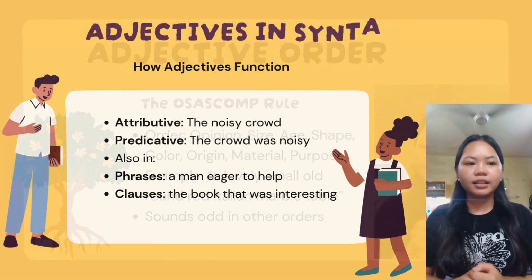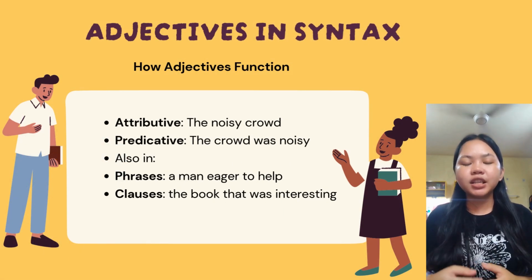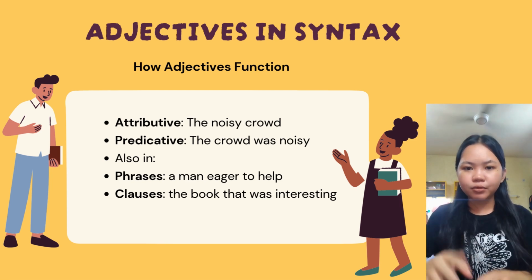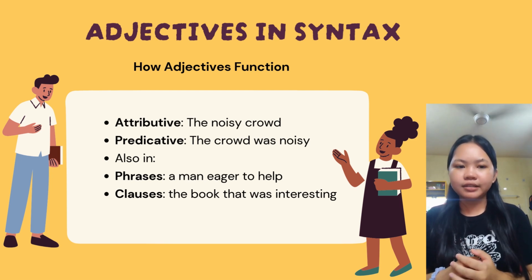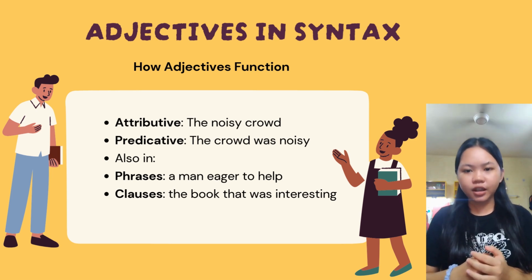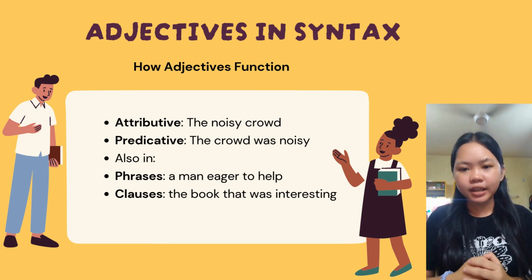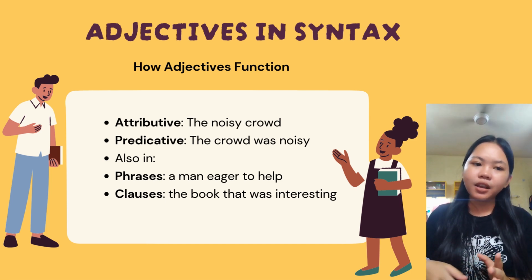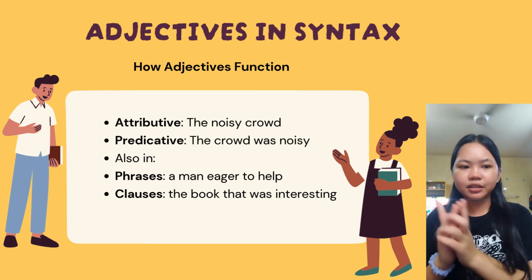Now let's take a look at the adjective in syntax. Adjectives function in two main ways within a sentence. The first is the attributive adjective that comes before a noun, for example, the blue sky. And the second is the predicative adjective that comes after a linking verb. For example, the sky is blue.